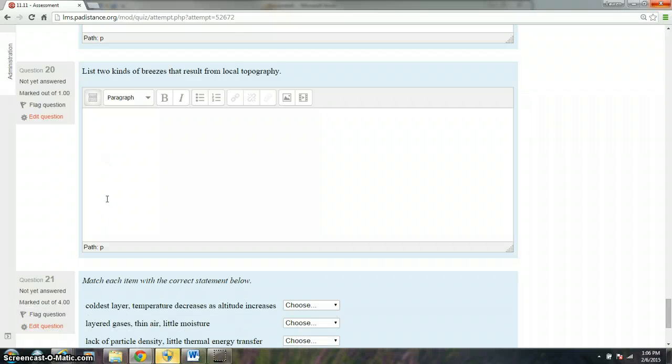Question 20. List two kinds of breezes that result from local topography.